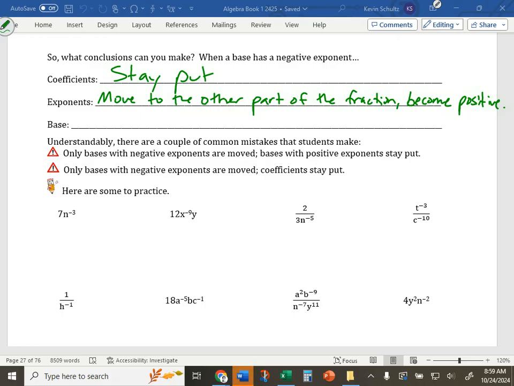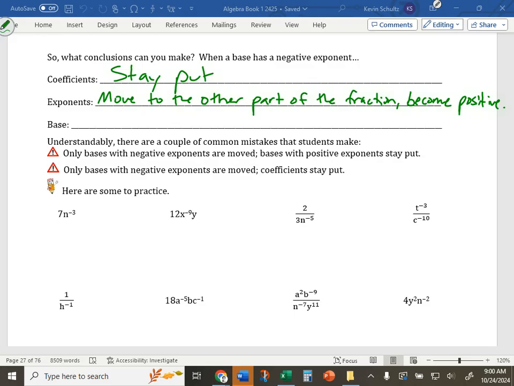When you move an exponent to the other part of the fraction, it becomes positive because you moved it. A negative power means it's not happy where it's at. If a negative exponent is in the numerator, it's not happy there. So move it to the denominator. Now it's happy. Positive. If you have a negative exponent in the denominator, it's not happy there. Move it to the numerator. Now it becomes positive. Now it's happy again. Gotta please the negatives.